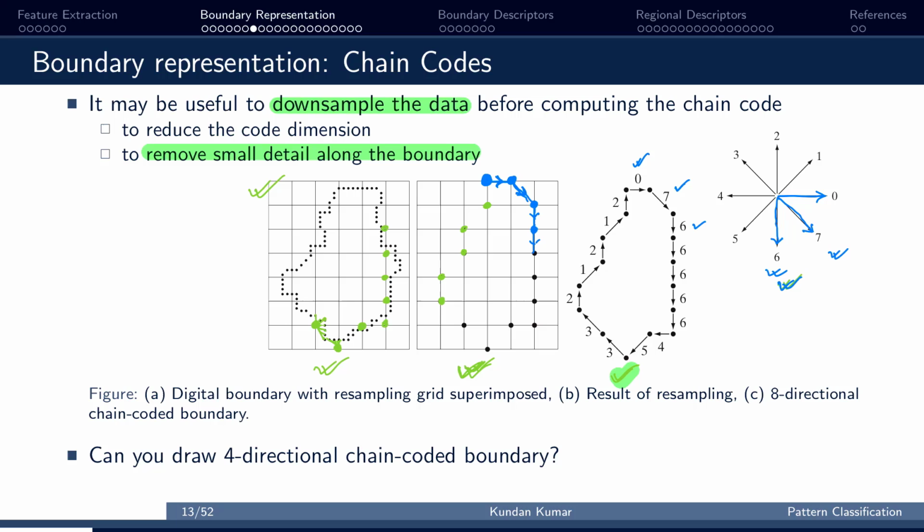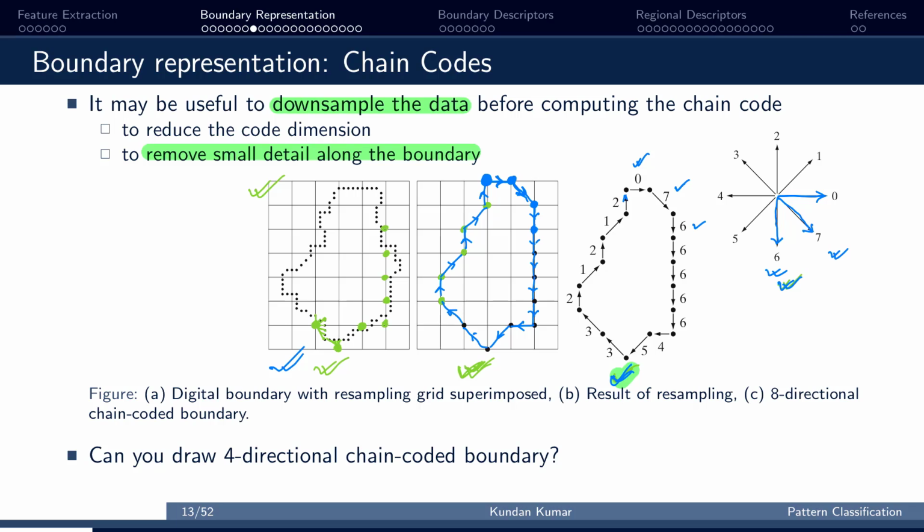Similarly, we will traverse all the grid points clockwise, and we will stop when we reach our first top left most grid point. In this way, we have the encoded boundary representation of this object.